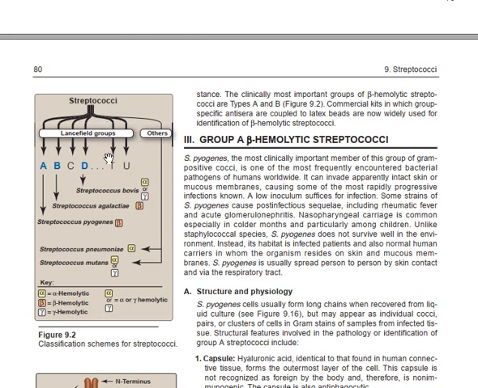We have now Lancefield groups E through T and U. We have other Lancefield, which are Streptococcus pneumoniae, which is alpha hemolytic, and Streptococcus mutans, which is alpha or gamma hemolytic. Usually we consider Streptococcus pneumoniae in Lancefield group B, is it clear? And even Streptococcus mutans is considered.